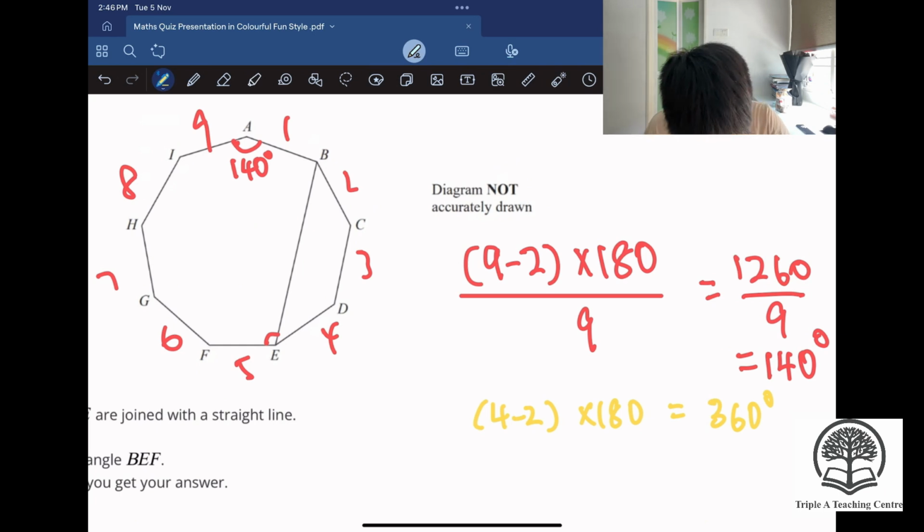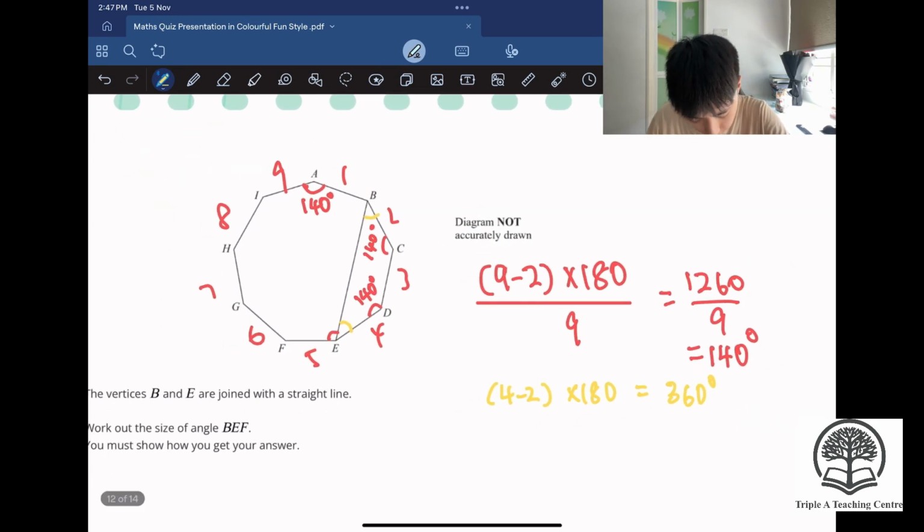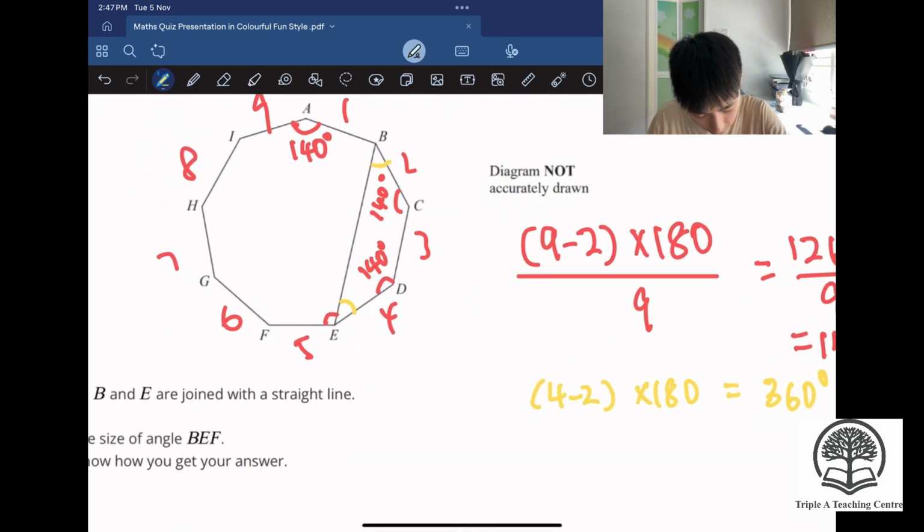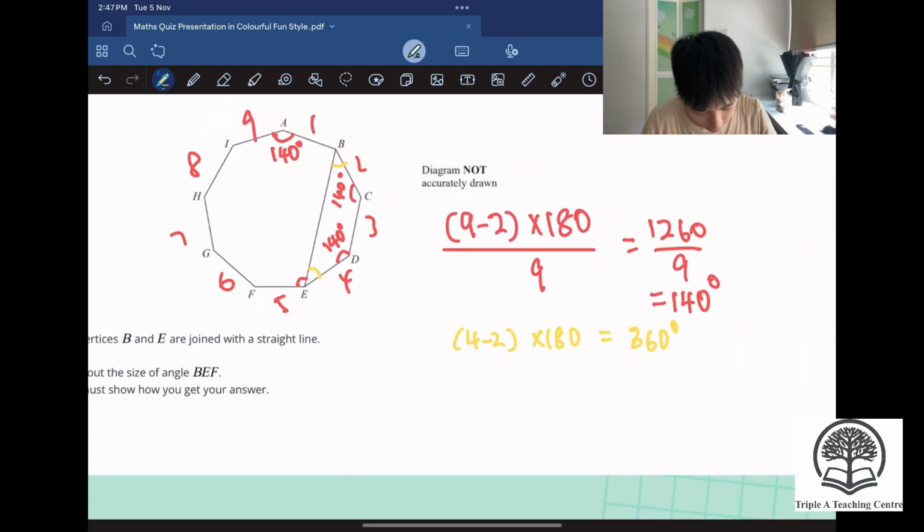Let's look at it again. We know that angles C and D still belong to the regular nonagon, right? So this will be 140 degrees and 140 degrees. Now, angles E and B should be equal, right? Because they are joined together with a straight line. So these two angles should be equal. Okay, so let's simply take 360 degrees minus 280.